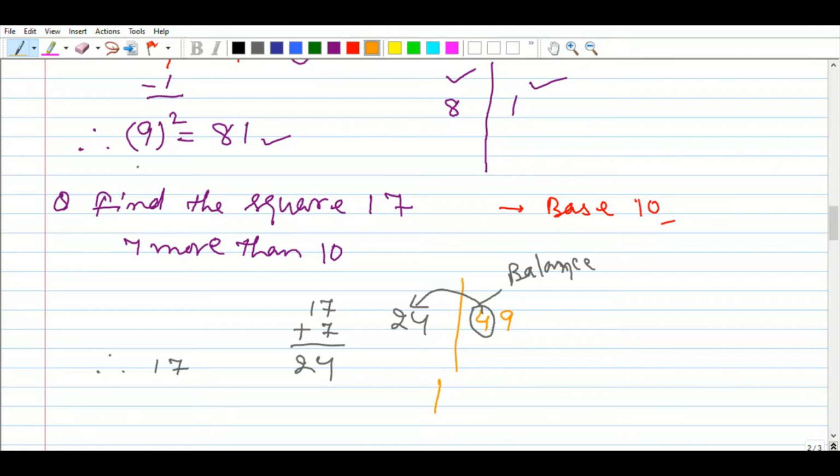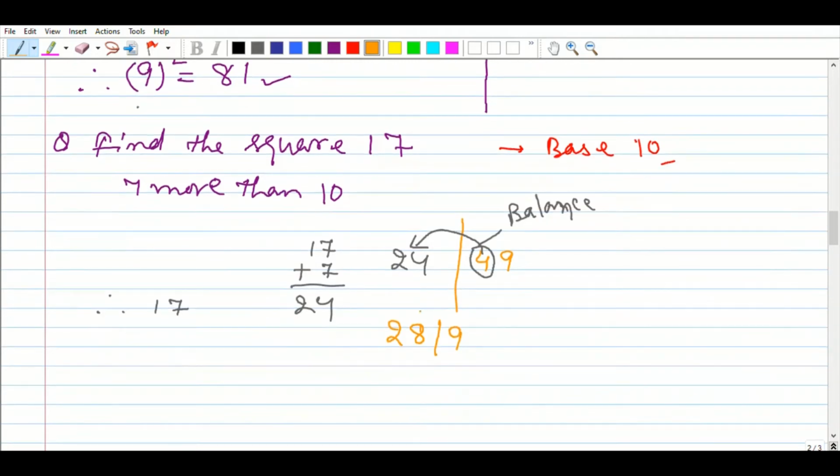We get again 28. Here is 9. One digit because our base is 10. It contains 0, 1, 10 contains one zero. So therefore 17 square equal to 289.